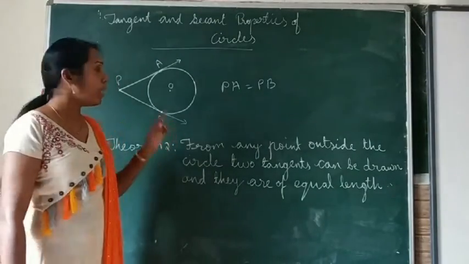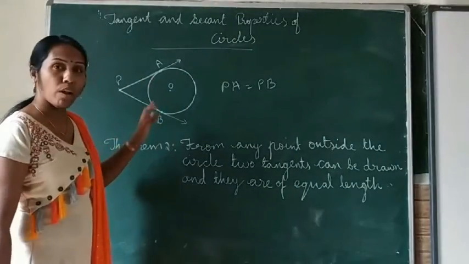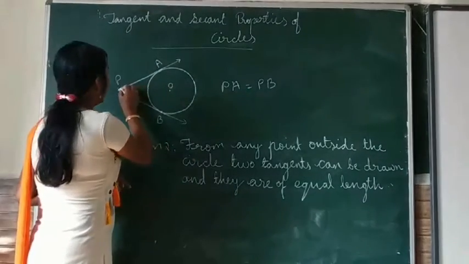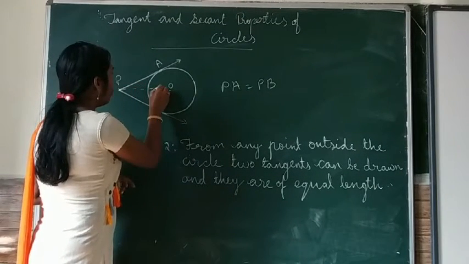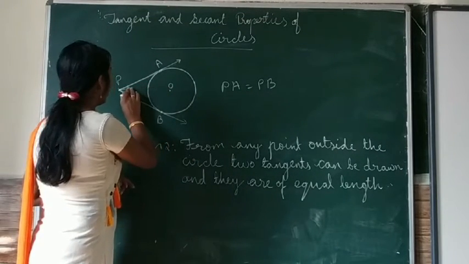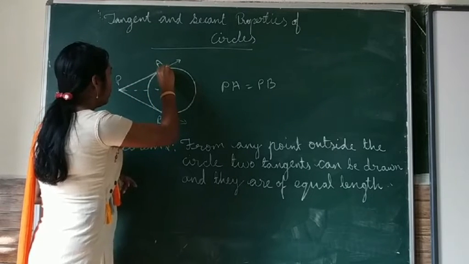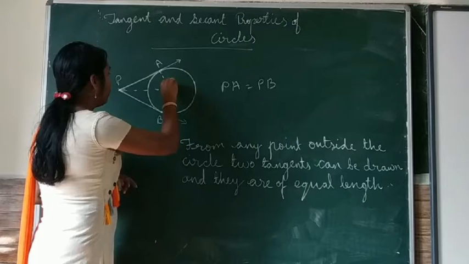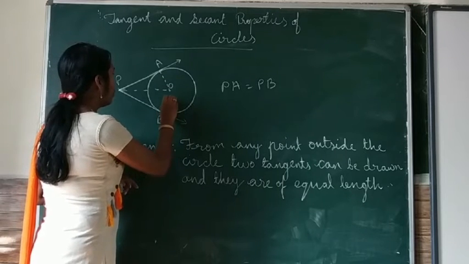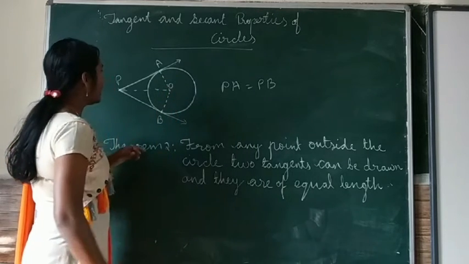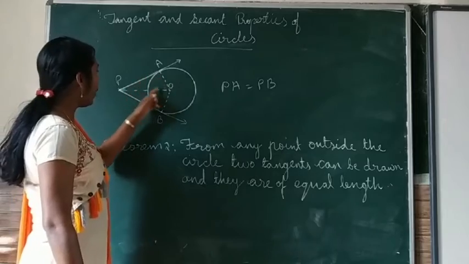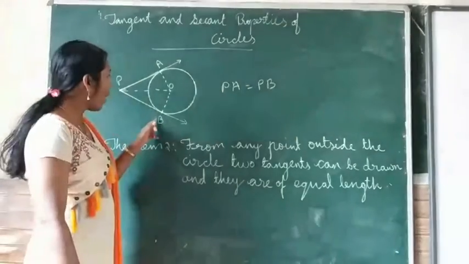Now, it is also true that these tangents subtend equal angles at the center. If you join P to O, AO and BO, in this case, angle AOP will be equal to angle BOP.